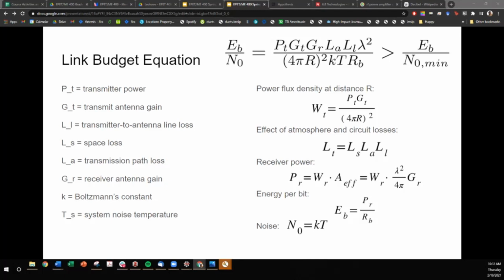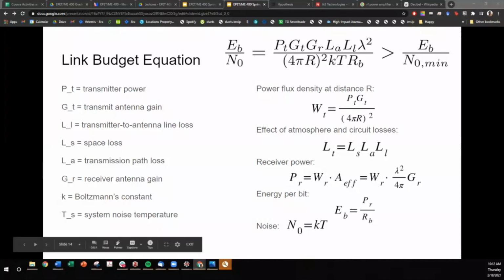Another intermediate product is the receiver power, where it's very similar to the power flux density equation. It's like power flux density times some effective area, where your effective area is associated with your receiver gain.